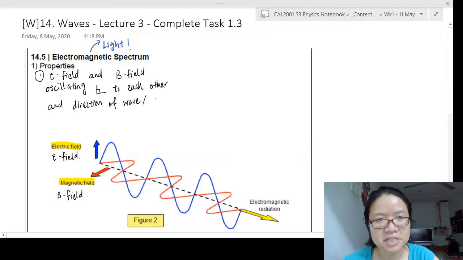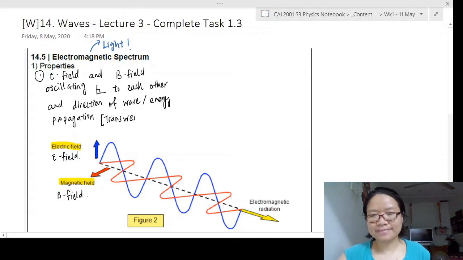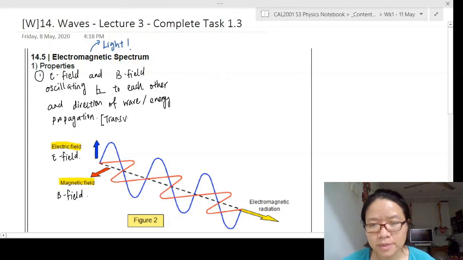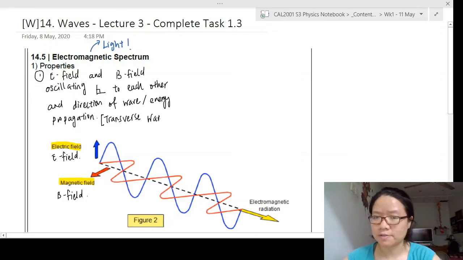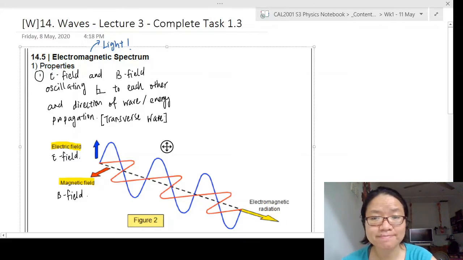Because of this, our beautiful wave is a transverse wave lah. Electromagnetic radiation is a transverse wave. Both fields are oscillating perpendicular to the direction where the energy is being transferred.